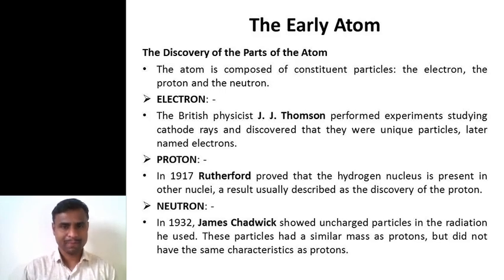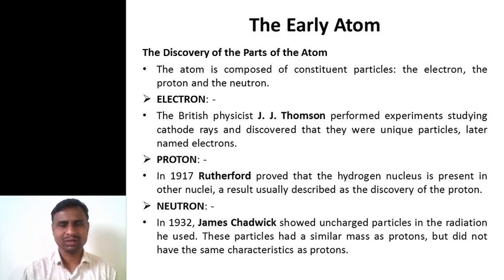Neutrons. The third particle in an atom was discovered by James Chadwick in 1932. He showed an uncharged particle in the radiation he used. This particle had a mass similar to the proton but did not have the same characteristics as the proton.